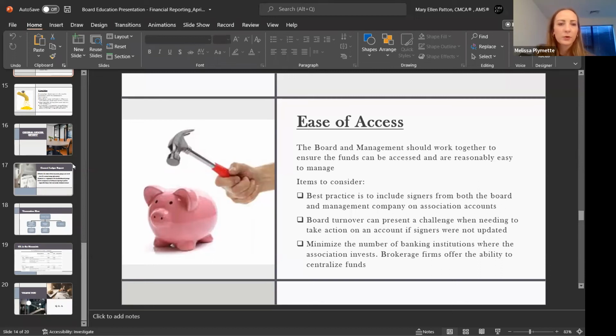Having signers from both the board and management can help here by ensuring that someone always has access.